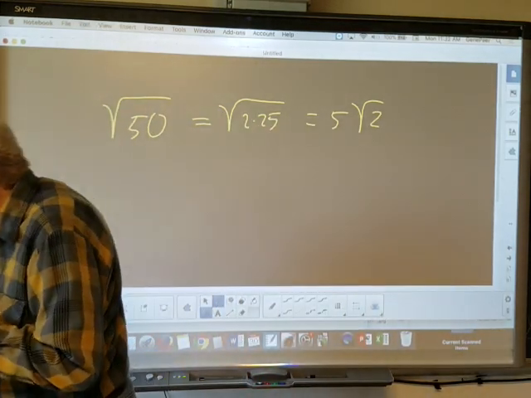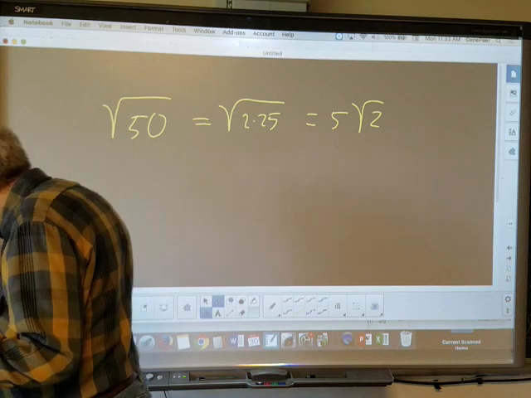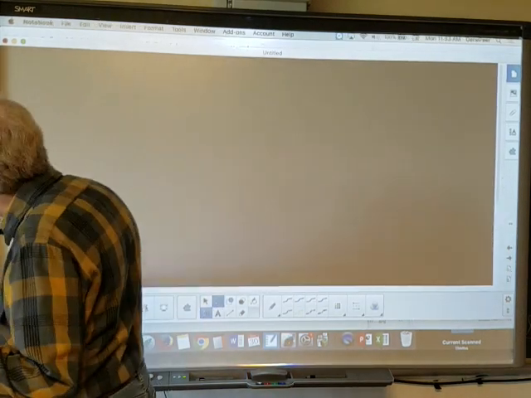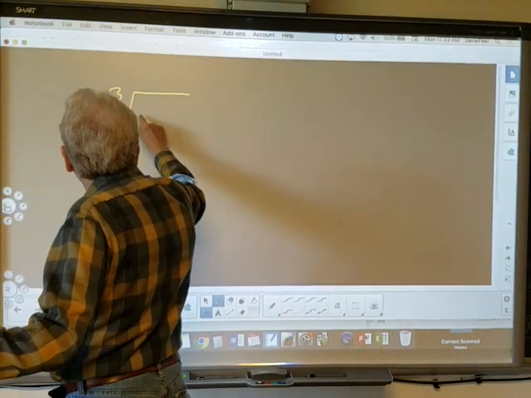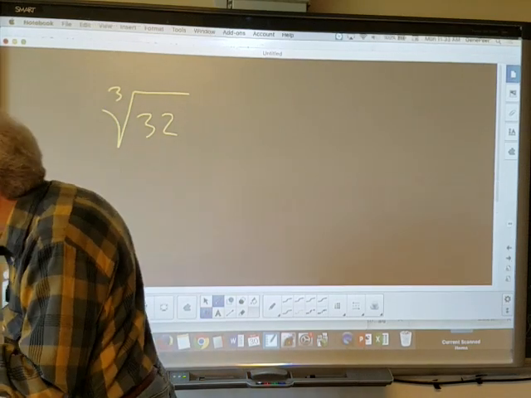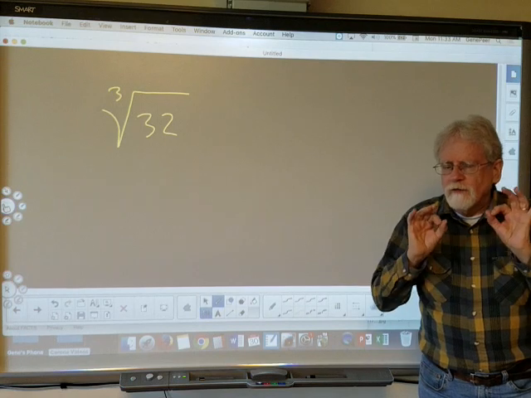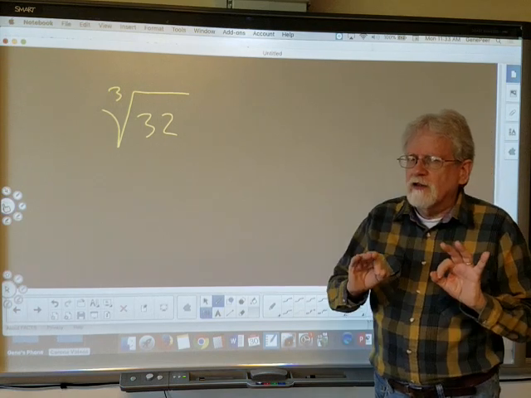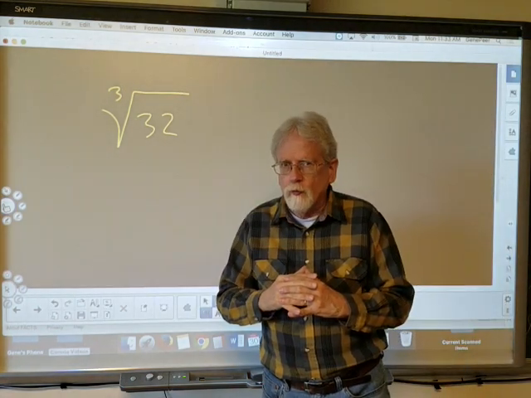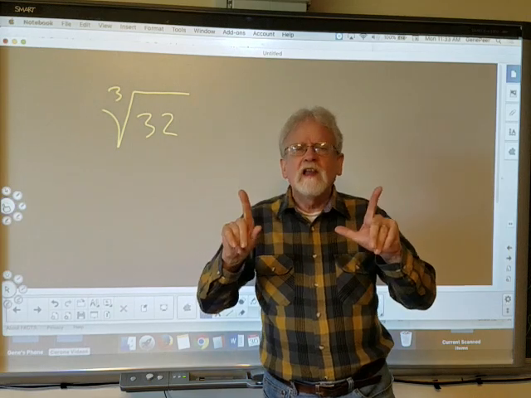All right. What about a cubed root, though? It's a little bit different. Cubed root of 32. Well, for the cubed root of 32, we want to take out not perfect squares, but perfect cubes. Ooh. What are the perfect cubes?